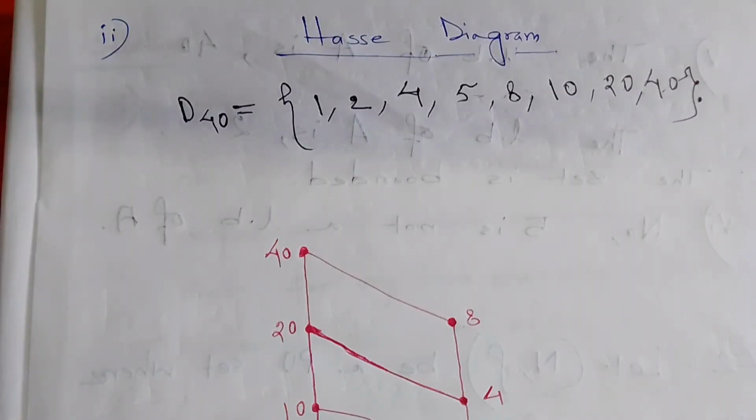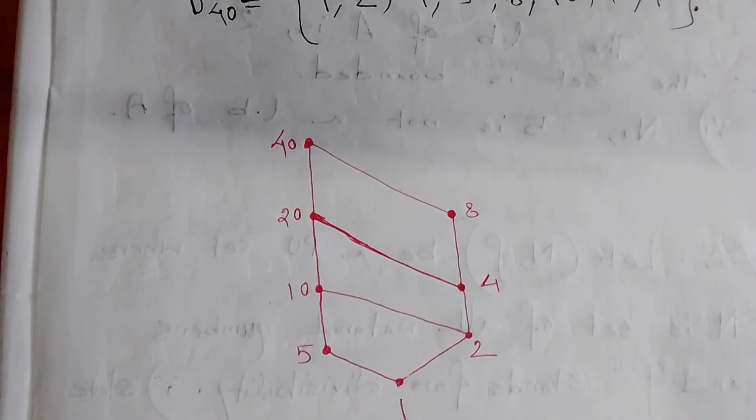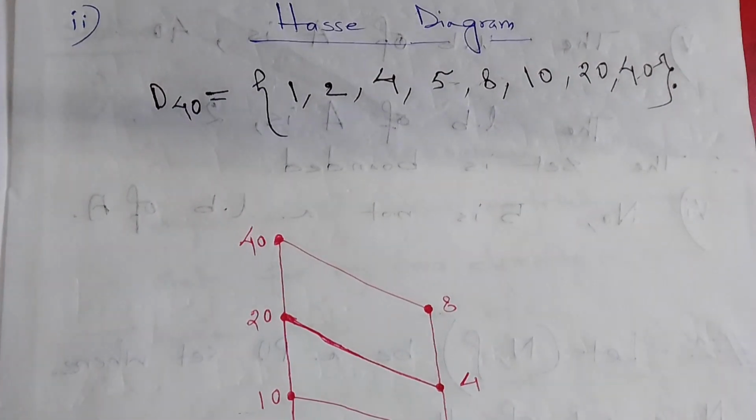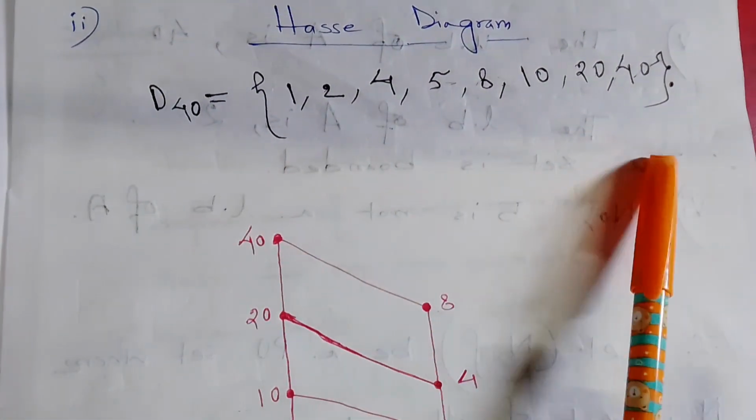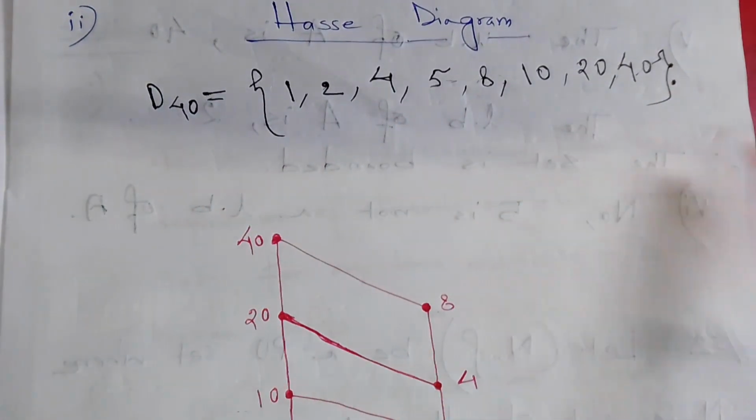The next question is to draw the Hasse diagram of D40. The divisors of 40 form this set.